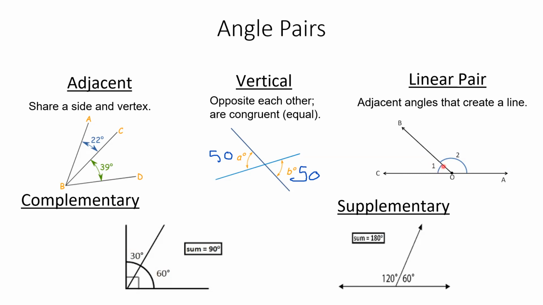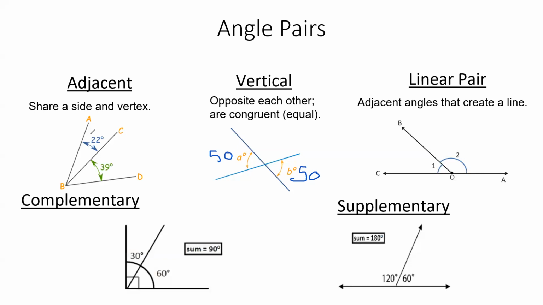So angle 1 and angle 2, added together, make a straight line, which means they add up to 180 degrees. In this example down here, it works because 60 plus 120 is 180. These two angles form a linear pair, which means they are supplementary and they add up to 180 degrees.